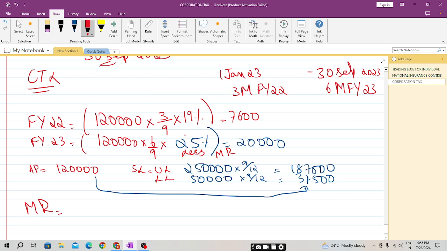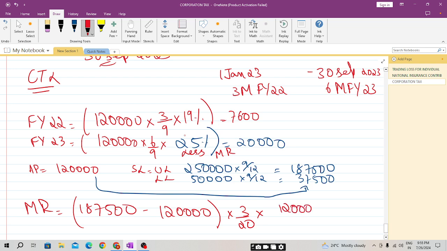The upper limit is 187,500 less augmented profit 120,000, into 3 divided by 200, into the taxable total profit, which is 120,000.